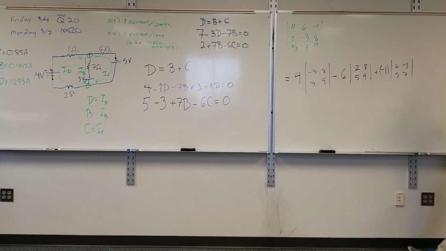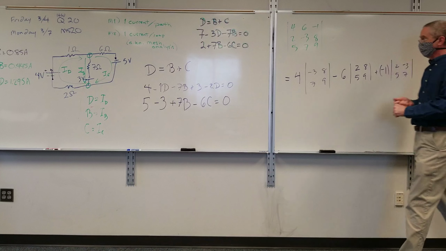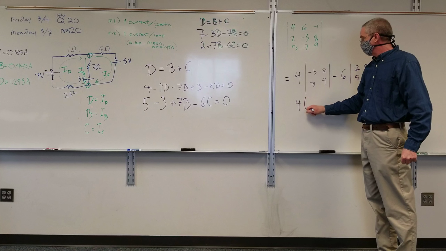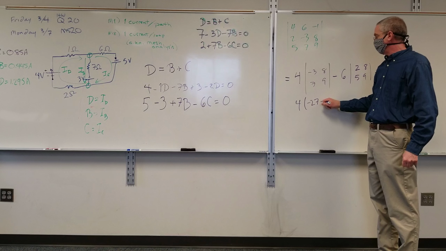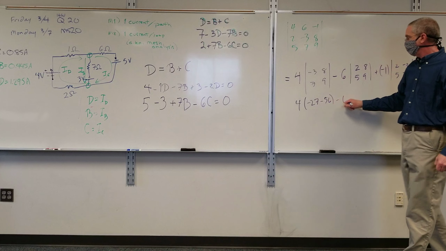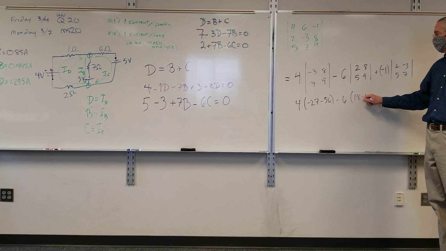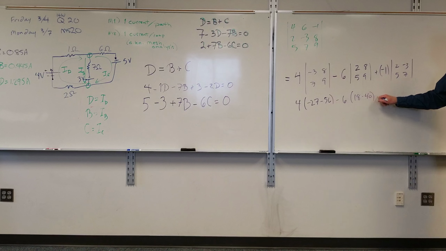All right, so now we've got a bunch of 2 by 2s, and we just did those. So this becomes 4 times negative 27 minus 56, minus 6 times 18 minus 40, plus negative 1 times 14 minus negative 15.